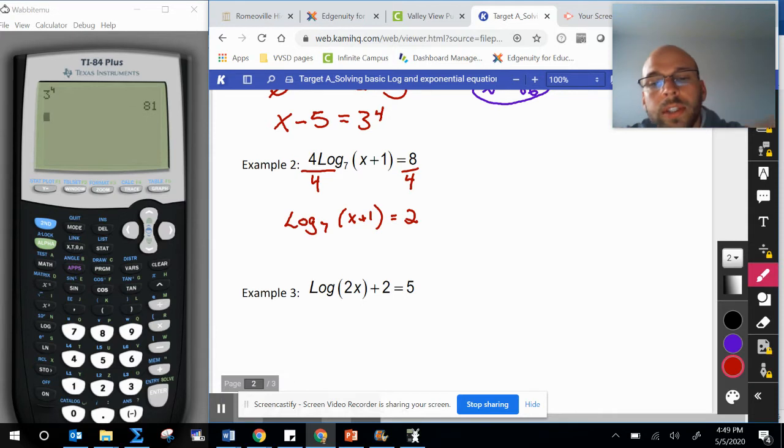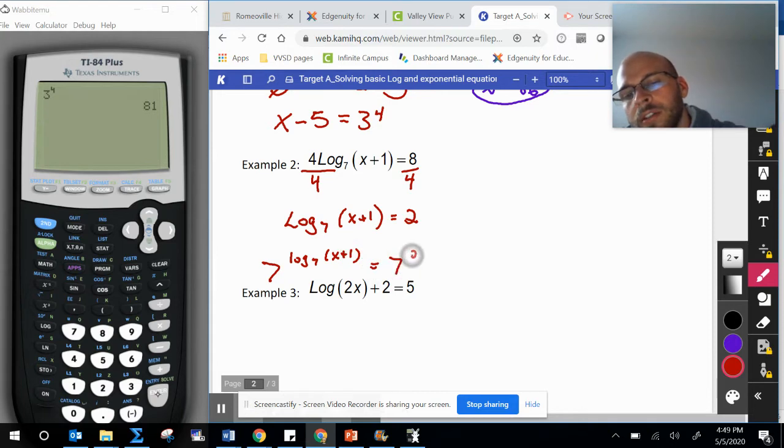All right, so now we take a look at that base. That base is 7. So that means I'm going to have to say 7 to the exponent of the left side is going to equal 7 to the exponent of the right side. And again, we always use the same base that was given to us in the beginning. So what happens here is these cancel, and on the left-hand side, we're just left with x plus 1.